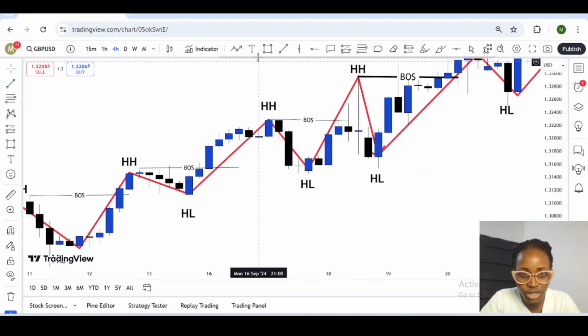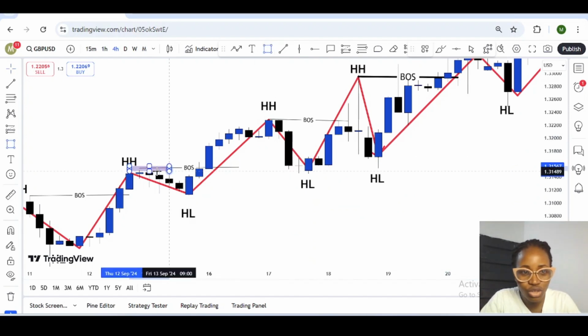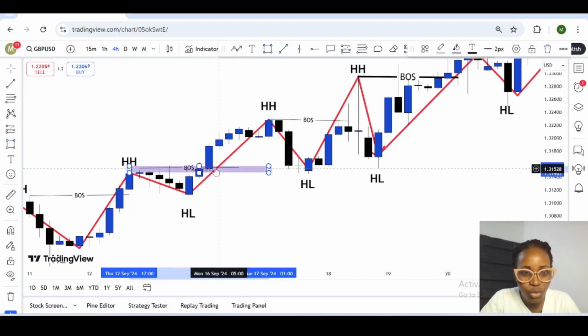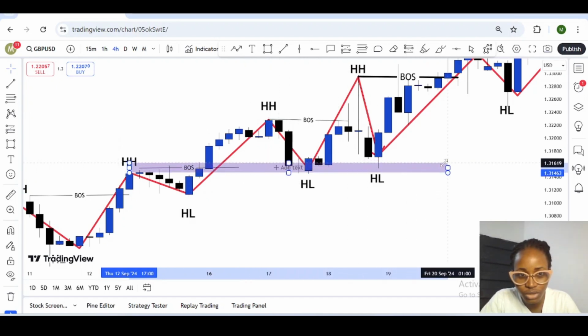Let's look at another strategy. Let's say your strategy is trading the support and resistance. You draw from here. This is a resistance zone and you draw it out, waiting for price to react to this point, but price did not react to it. And they will also tell you, look for a break and a retest of that zone, right? Now let's draw this one across to this point.